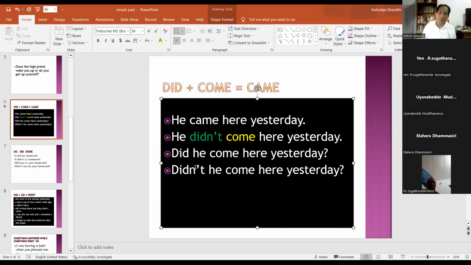When questioning, we generally use the helping verb at the beginning, secondly the subject, thirdly the base form, the rest of the sentence accordingly. Did he come here? Didn't he come? So now we can make thousands and thousands of sentences simply looking at this block using different types of verbs.